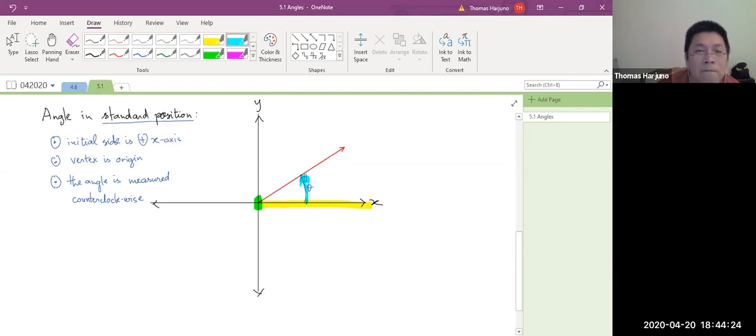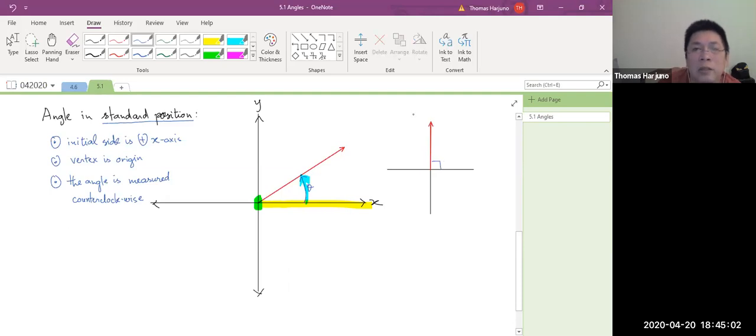So when we say, for example, 90 degrees in trigonometry, it refers right away to this angle here, because it's 90 degrees from the positive x-axis.